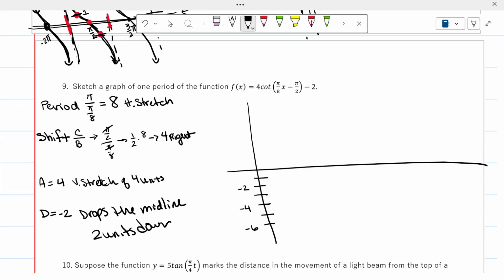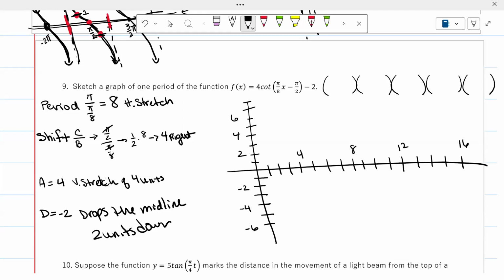Let me put some labels on here: 1, 2, 3, 4, 5, 6, 7, 8, 9, 10, 11, 12. Now, if I'm going to do 5 key points, 1, 2, 3, 4, 5, did I have a shift of my entire curve?